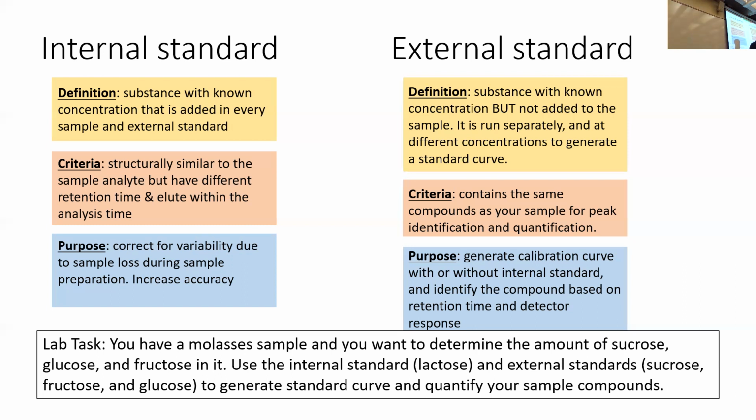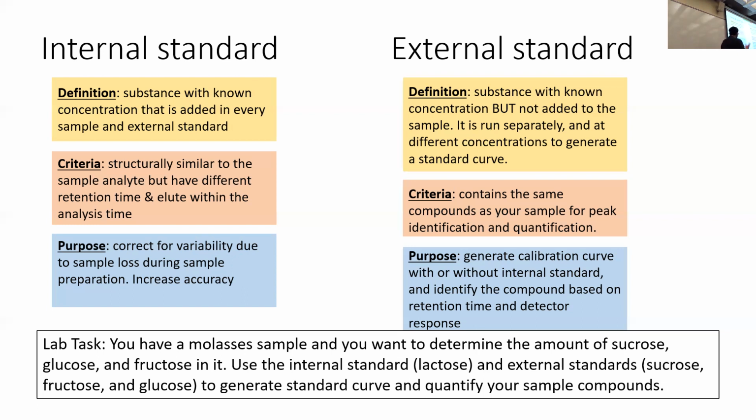We generate a calibration curve, either for identification, or for quantification where you have to determine a standard curve so that you can get the concentration with or without an internal standard. You don't have to always have an internal standard for quantification. So you can run your external standard with or without an internal standard.